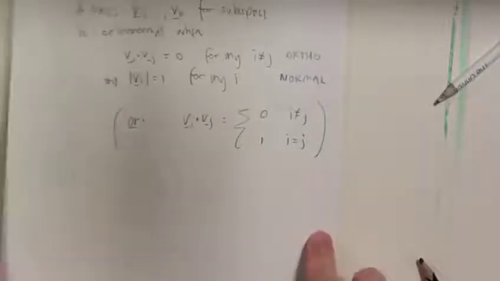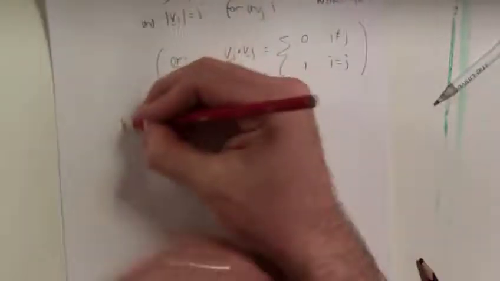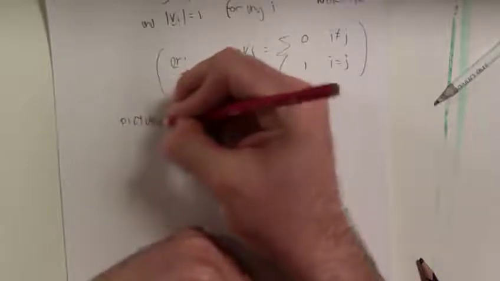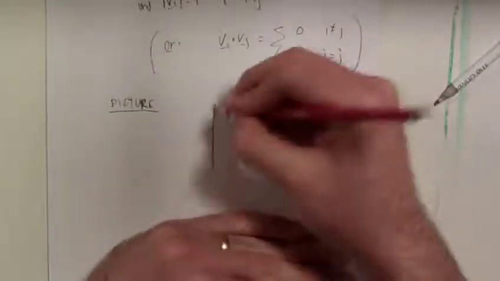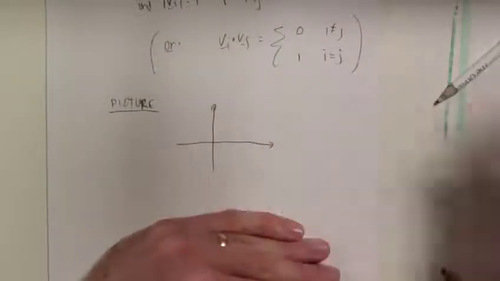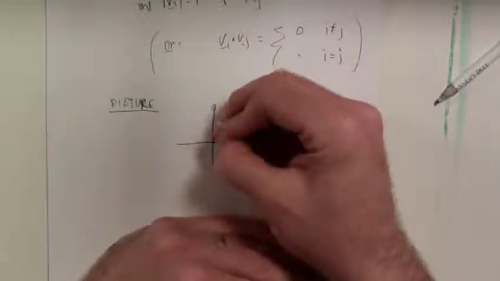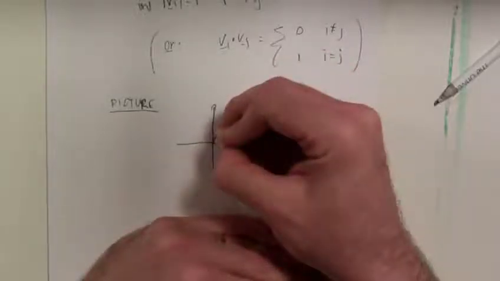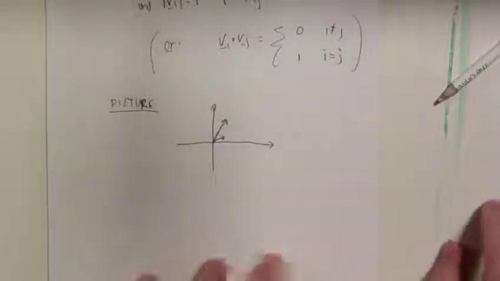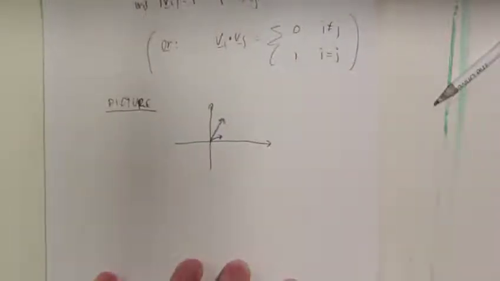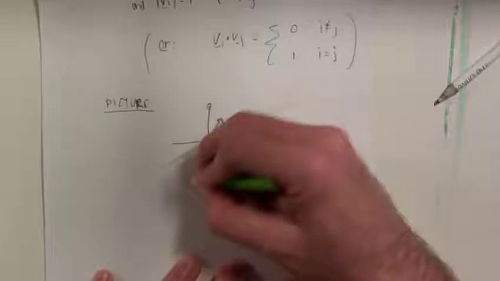So here's a picture in my head. That's a picture, and once it's on the paper it won't be in my head anymore. You may have a random basis like this for R2, and what that would allow you to do is draw coordinate axes like this.